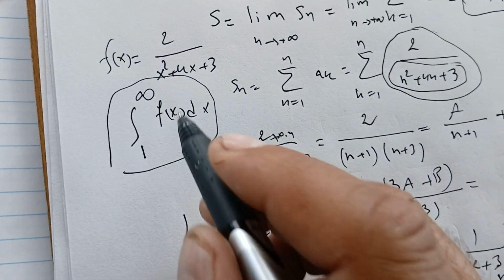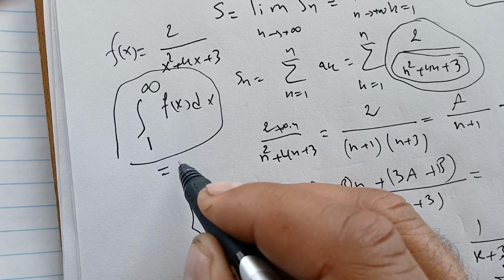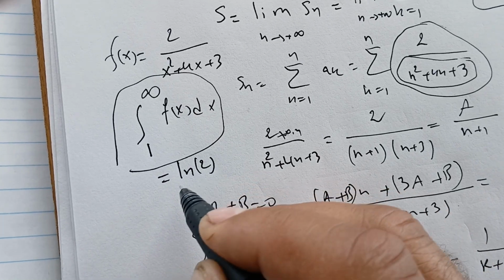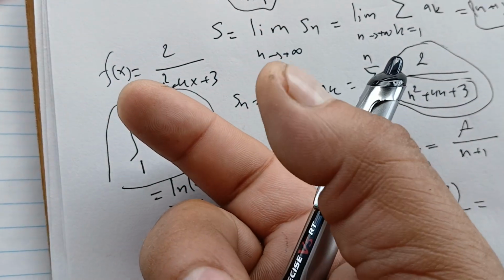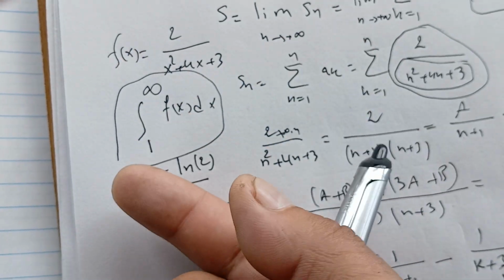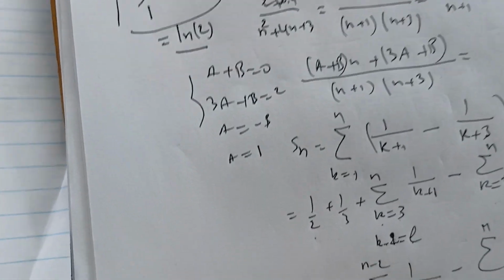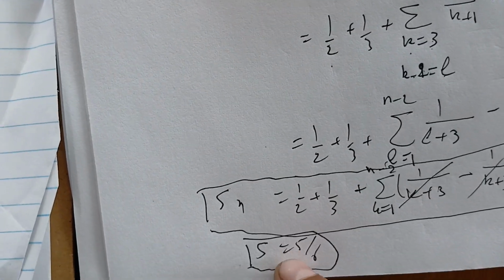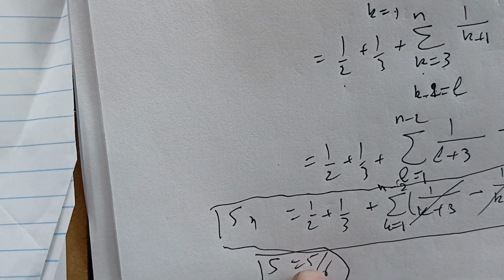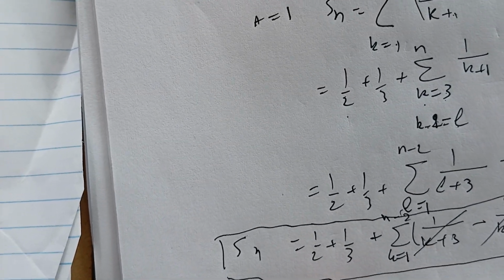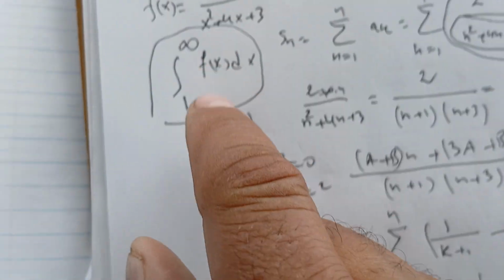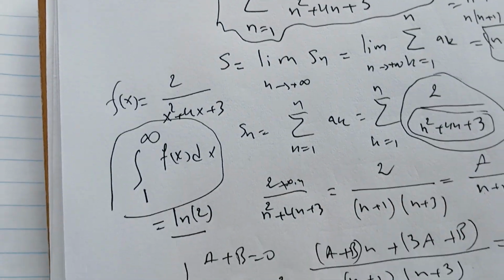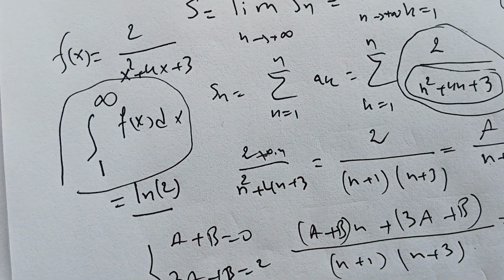If we do this one, you're going to get a different value, ln of 2, and it's convergent. Why? Because this is more precise, this is the exact value. This is an approximate value of this series, because we are using only n's, we're missing something. So that means it's convergent. If you want to check it, you can do the same thing here and see that you get the result that you want.